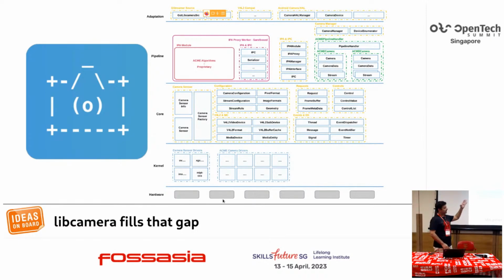In the middle, you can see in the red box, you have the IPA module, that is image processing algorithms. The image processing algorithms are the ISP blocks that are provided by the vendor. They are usually embedded on a system on chip, that is the SoC. libcamera provides a way, in combination with the pipeline handler, to configure the IPA or the ISP that is present in the system on chip.